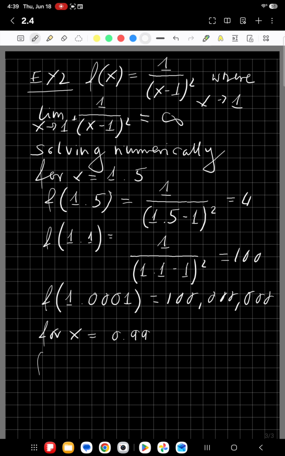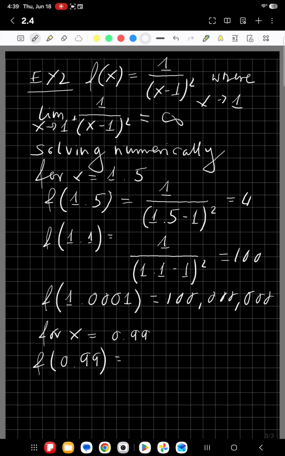So I'm doing f of 0.99. Let me see what we get. In the denominator I have negative 0.01, but I'm squaring it, so it doesn't matter.